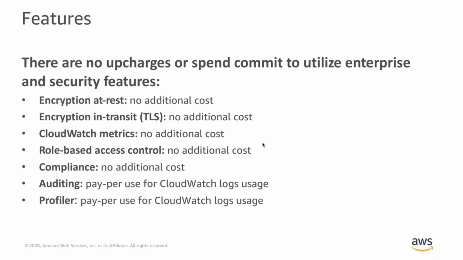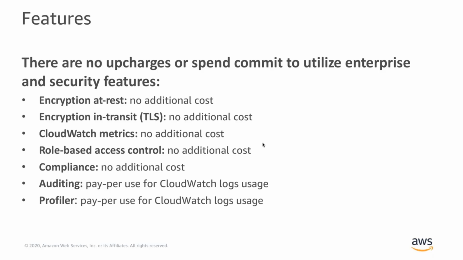Now, features like auditing and profiler. Auditing you can think of as regular database auditing. What we do with DocumentDB is move those logs out, and the same thing with the profiler, which I'll show a demo of later as a slow query profiler. We move those logs to CloudWatch so that you don't have to query your production database to get access to DML auditing logs or slow query logs.